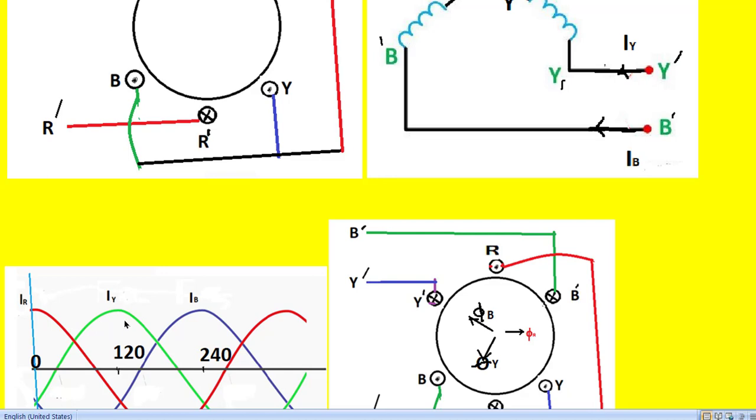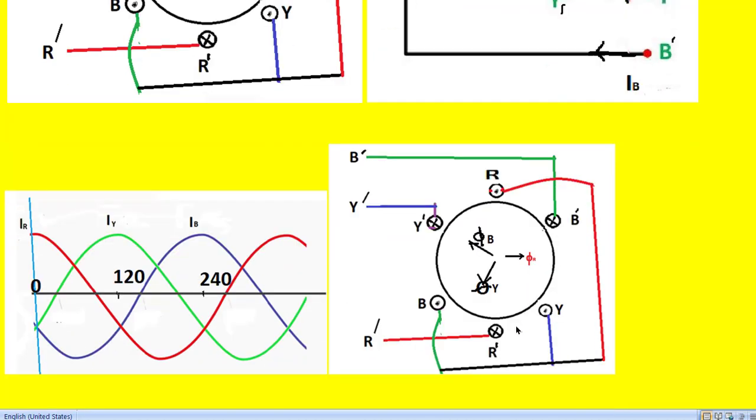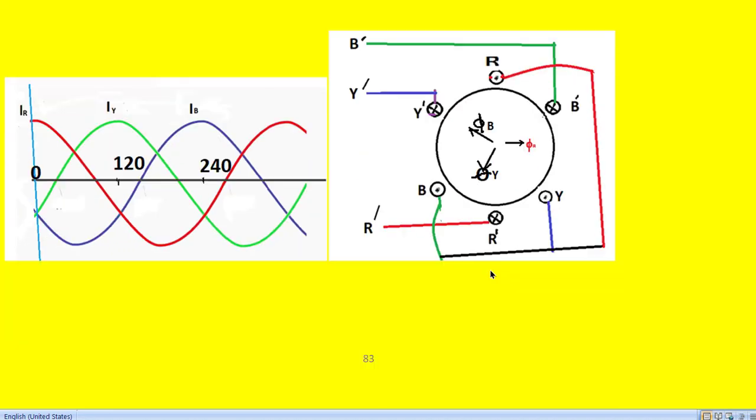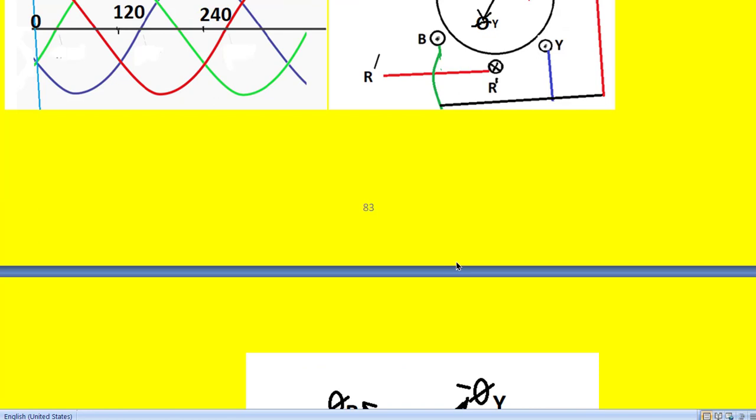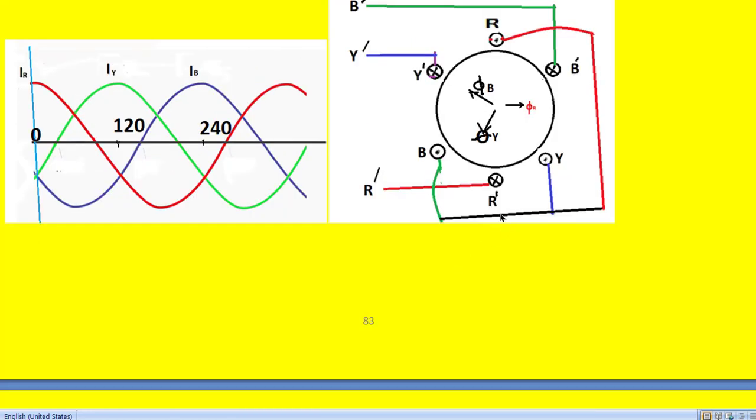So look at this. Once we connect the supply to this three-phase winding on the stator, then as per Faraday's right hand thumb rule for R phase, the current enters into the board or paper and here it is coming out.